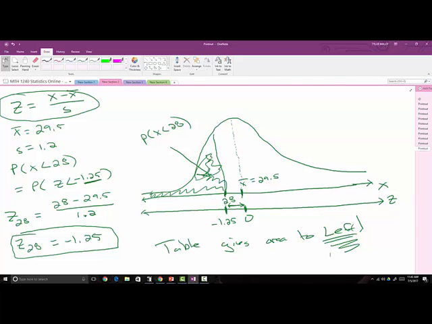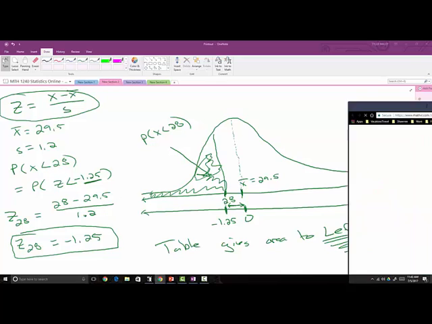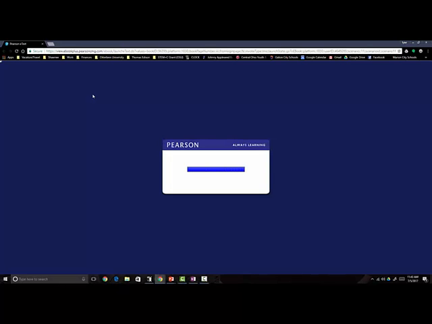So let me open up the textbook. I'll show you where the tables are in the appendix in the back of the book.